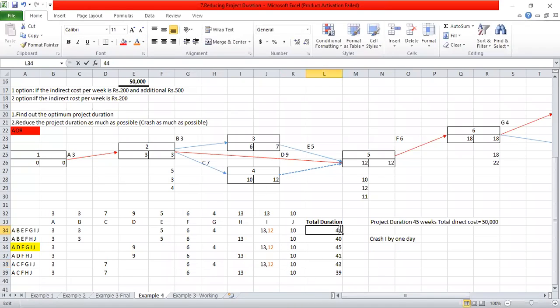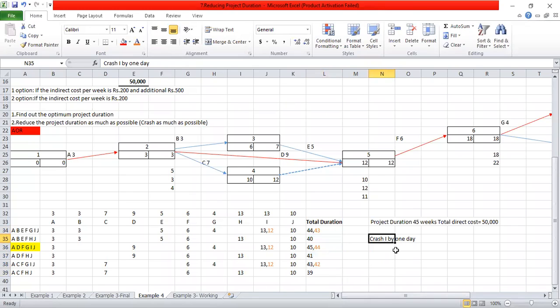And the total duration is how much? 43 here. And here it is 44, and here it is 42. Right? So crash I by 1 day.